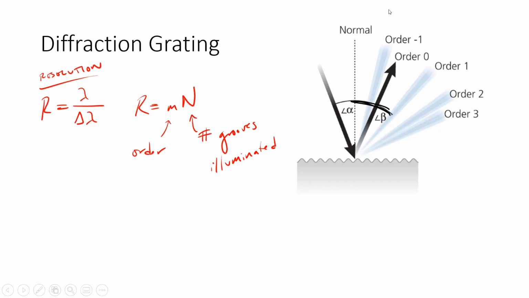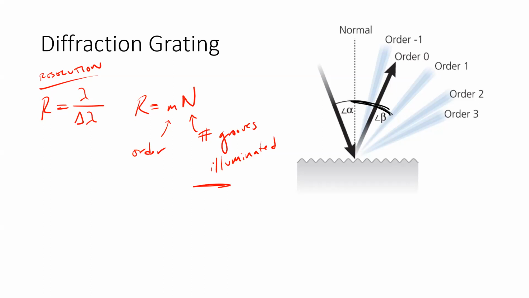For diffraction versus the prism, do we choose diffraction because we're able to get more orders, like we have more control? Why is the prism so bad compared to diffraction? To get that kind of resolution, because resolution is the number of grooves illuminated, we have gotten to the point, engineering-wise, where we can have a diffraction grating that has hundreds of grooves per millimeter. So this resolution can be huge.